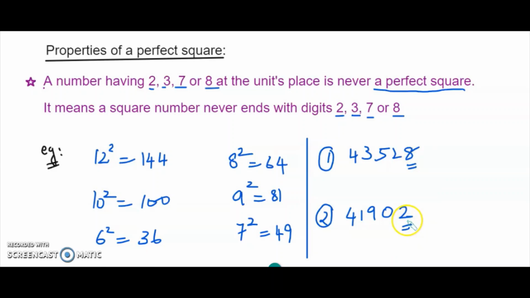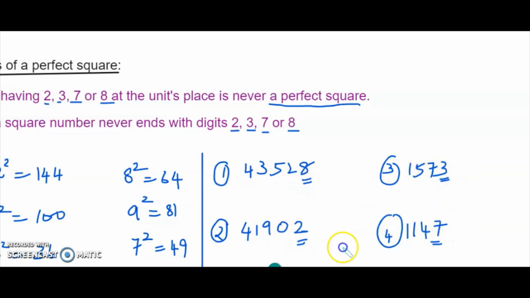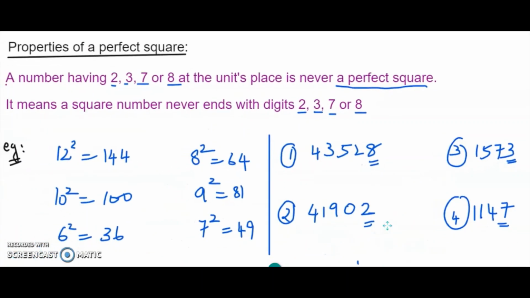If the last digit is 8, 2, 3, or 7, like if I take two more examples, 1573 or 1147, then such numbers are not perfect squares. This is the first rule to identify, just by looking at the number, whether it is a perfect square or not. So a number with 2, 3, 7, 8 as its units place is never a perfect square.